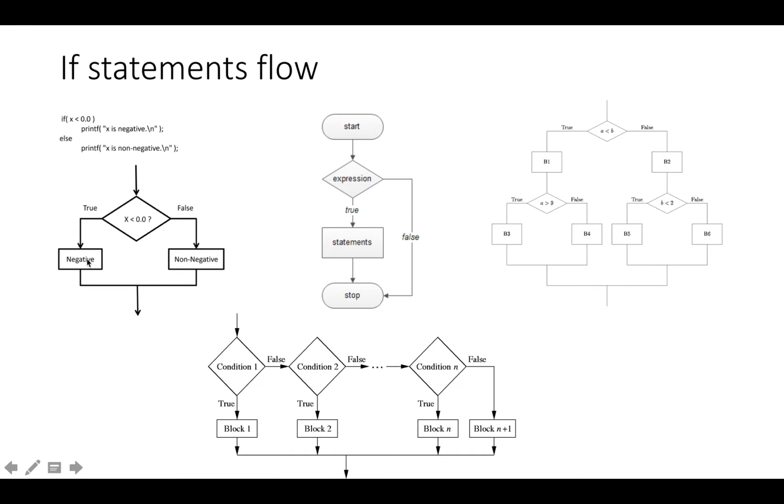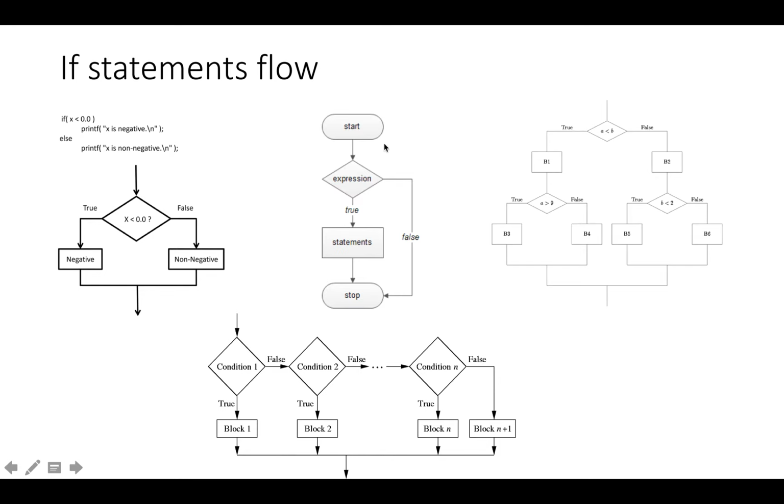It'll perform the statements inside the if statement if it is true, and if it's false, then it won't perform the statements. So if x is 0 here, then that's false because 0 is not less than 0, it is equal to 0, so we'll perform the non-negative statements. So this is an example of a single if.